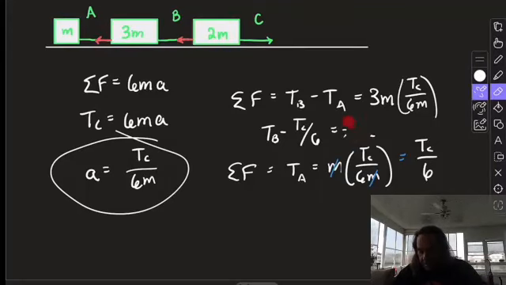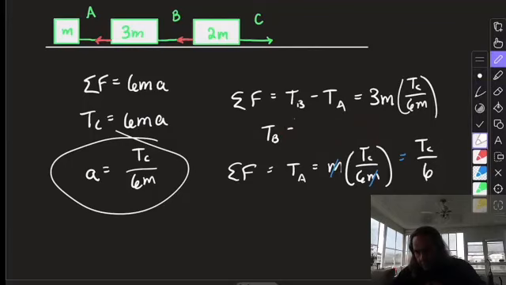Now, that's a basic train problem where we have used Newton's laws to show how the force in those cables is related to the masses that they are pulling. But in every case, the tension in the cable pulls with the force necessary to move all of the inertia behind it.